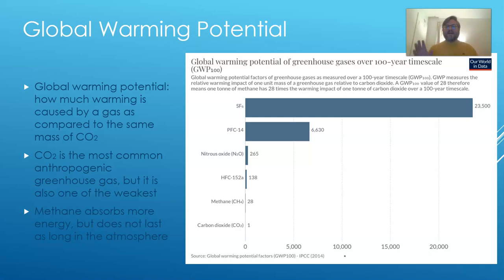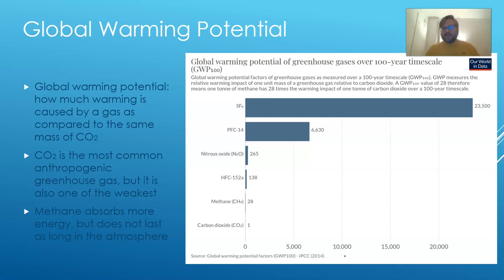So carbon dioxide, as compared to other greenhouse gases, is a pretty weak one. It sticks around for quite a while in our atmosphere, as compared to, like, methane, which cycles out of the atmosphere more quickly than carbon dioxide, but CO2 absorbs less energy while it's in the atmosphere. So CO2 is a comparatively weak greenhouse gas as compared to some of these others.